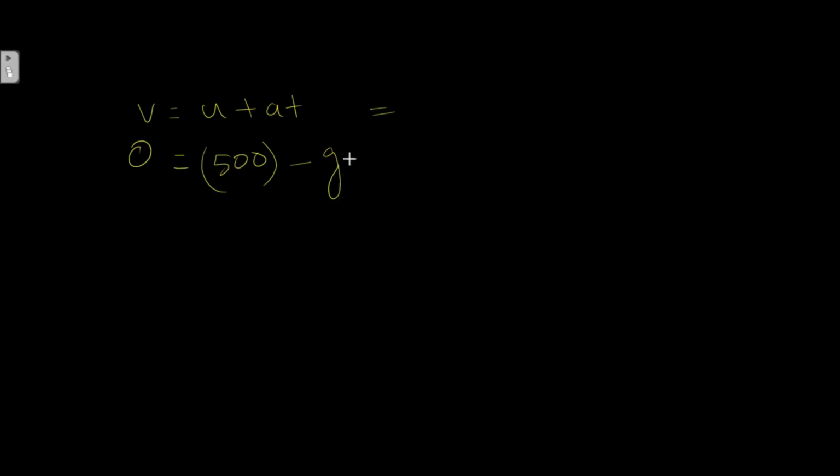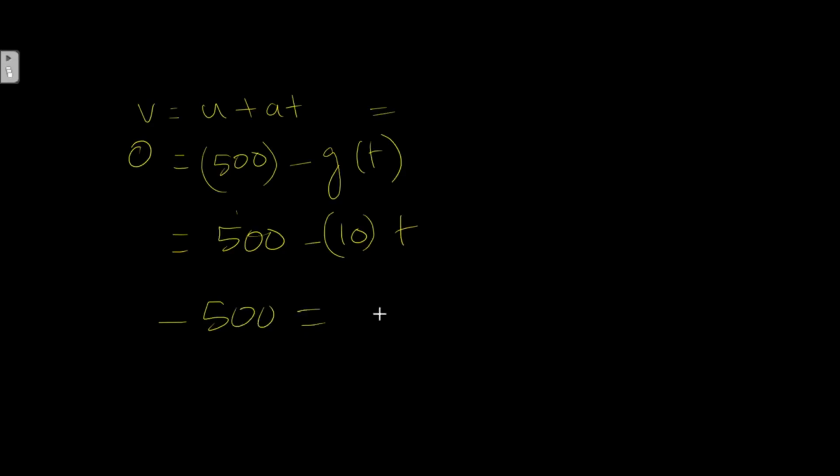Now t we don't know; we should find it. 500 minus 10t equals 0, so 500 equals 10t, so t is 50. The time taken to reach maximum height under gravity is 50 seconds. Clear? After 50 seconds the velocity will be 0, maximum height attained.